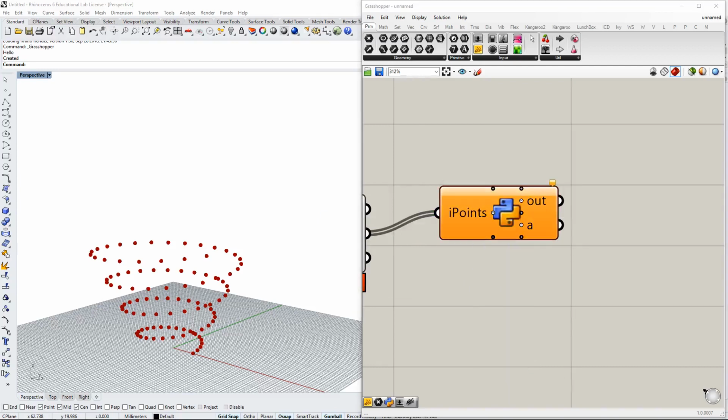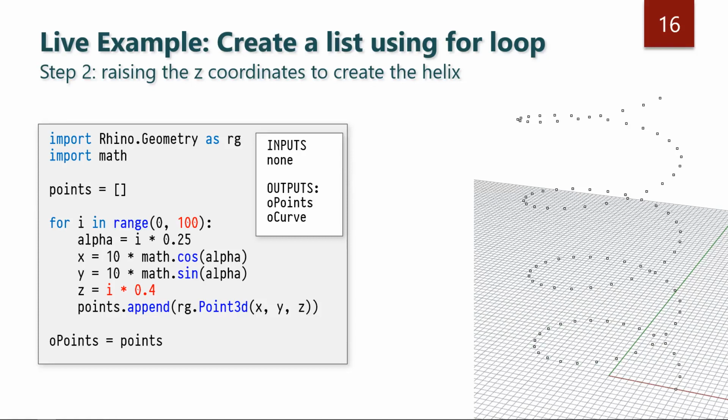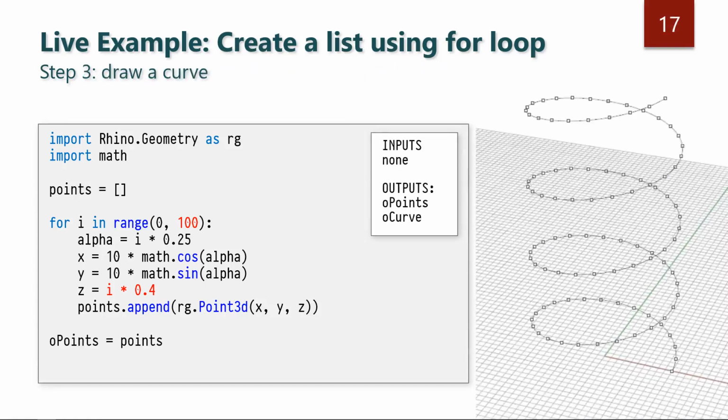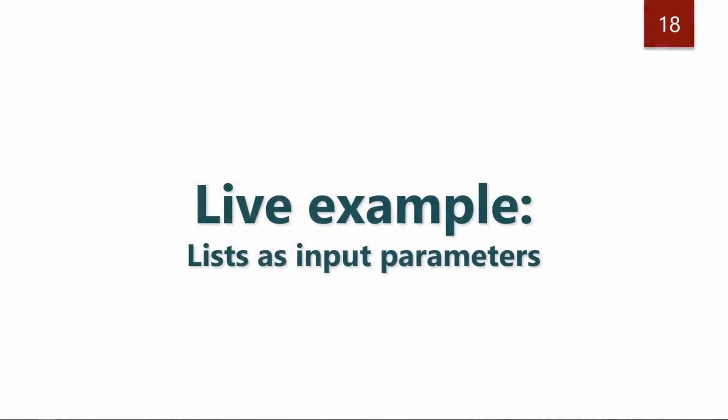All right, so what can we do with that? We take in a list of points, and in this exercise, for each point, we're going to draw a sphere centered at that point, and then we're going to output the spheres.